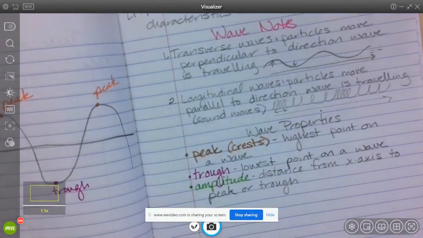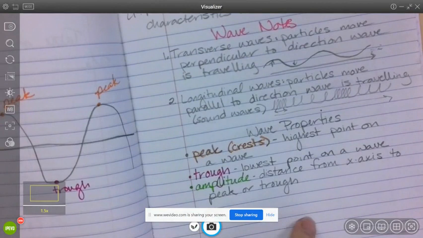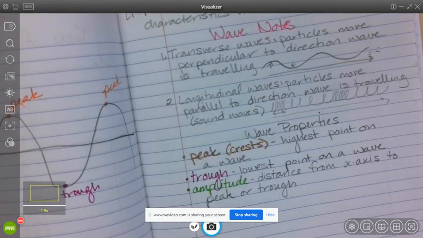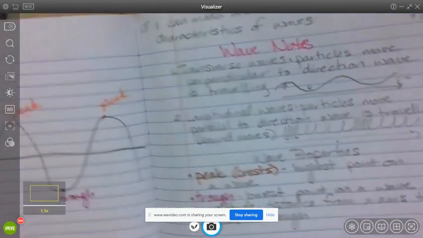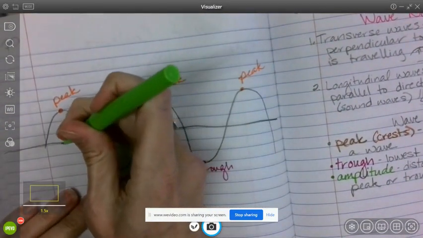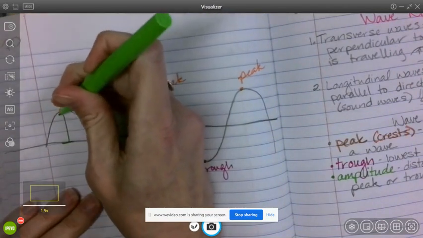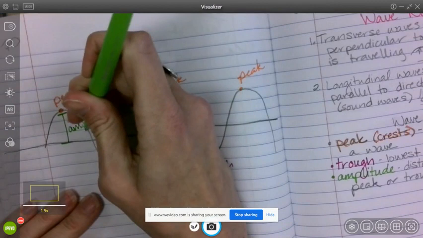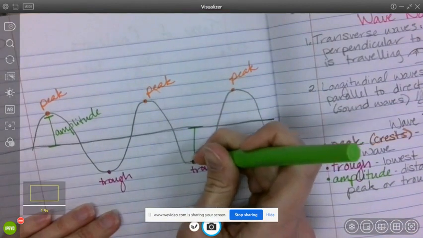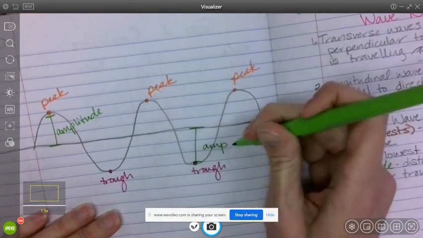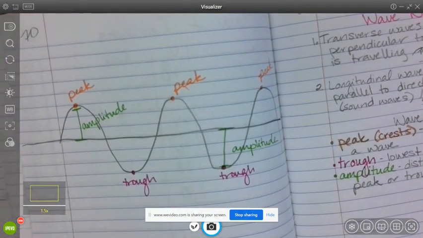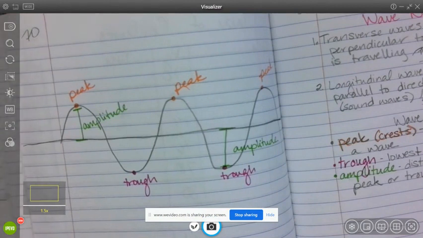And amplitude, when we talk about sound waves, amplitude is directly related to volume. So if you have an electric guitar, you plug it into an amplifier to increase the amplitude, to increase the volume of your sound. So amplitude is the distance from the x-axis to a peak, but it can also be measured from the axis to a trough.